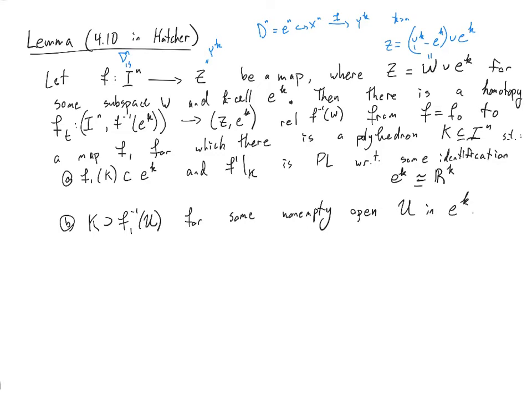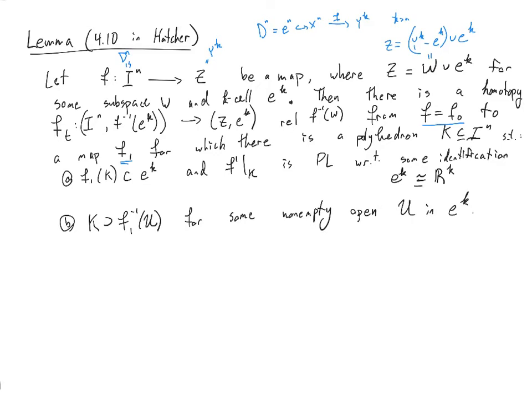So when we have a map from a disk into a space formed by adjoining a single k cell to some subspace, we can homotope that map. We're starting at F, which is F0, and we're going to homotope to this map F1, which has nice properties outlined below.